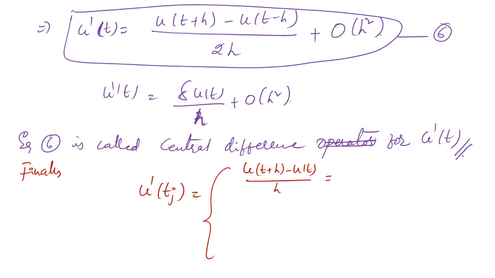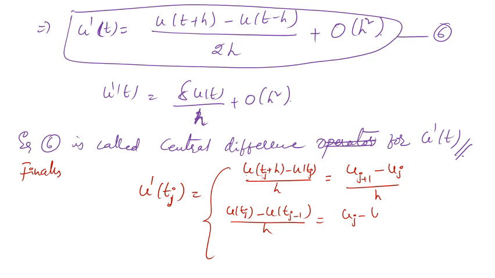Now at point j, t can be taken as tj, and tj plus h is nothing but j plus 1, so u j plus 1 minus uj by h, where uj plus 1 means u of tj plus h. And the next one is backward: u of tj minus u of tj minus 1 by h, that can be written as uj minus uj minus 1 by h.